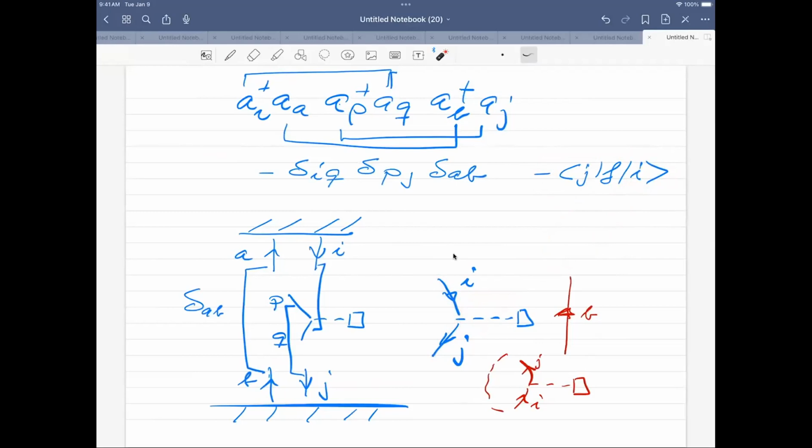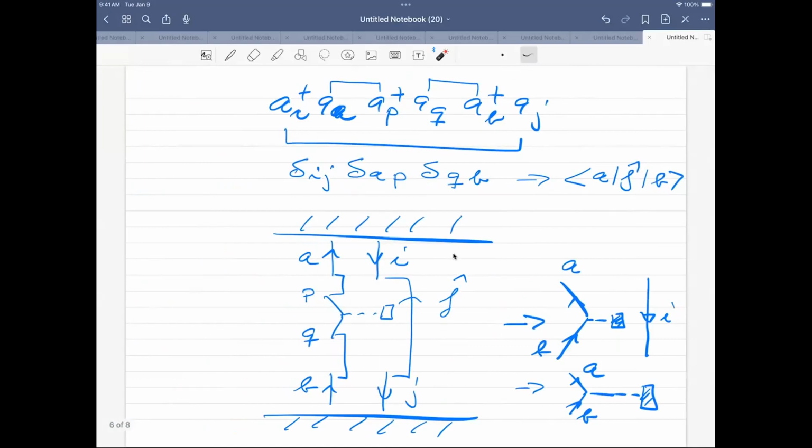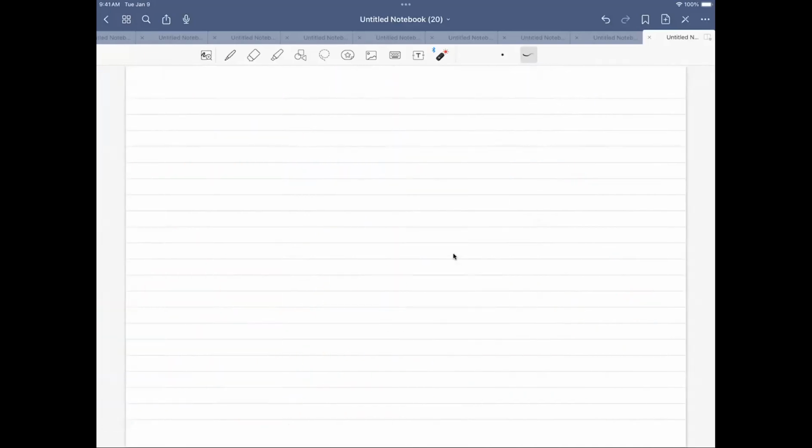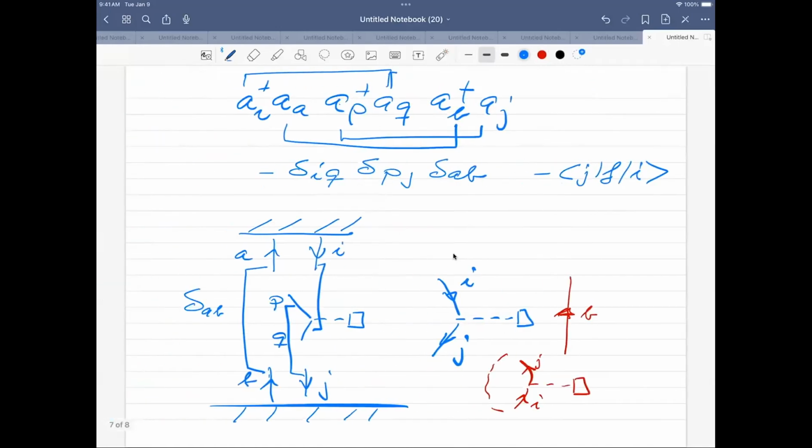So these hole line contractions give rise to a minus sign when they are being contracted with a specific operator. When they are not contracted with a specific operator, it just gives a plain Kronecker delta, not a minus sign. But the contractions between the hole lines, together with the annihilation and creation operators of a specific operator, give rise to this minus sign. That's a kind of drawing rule which we are going to set up afterwards, but now I'm just motivating it. When you look at the analytical expression, you have to reproduce it by just looking at the diagram.